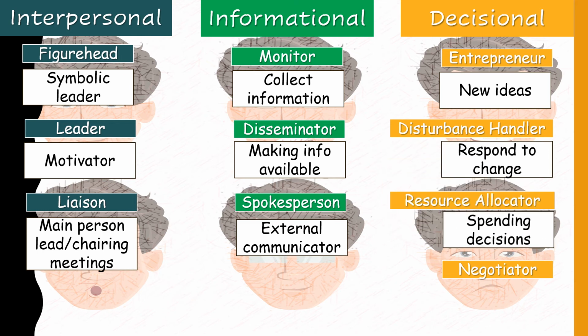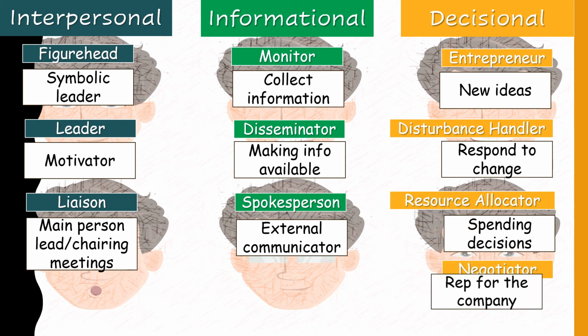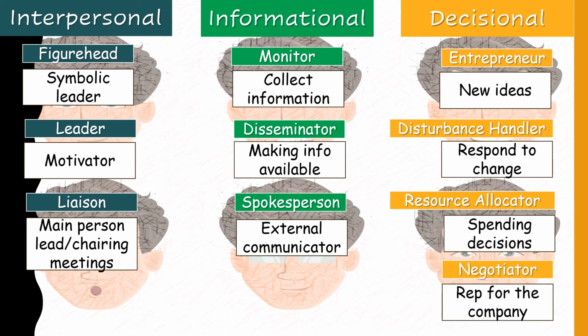At the same time, they are a resource allocator, because they decide how money should be spent on various resources of the company, in terms of hiring, marketing expenses, and so forth. And a manager is also a negotiator because they are the ones who represent the company in negotiating deals and deciding on the vendors to choose and so forth.